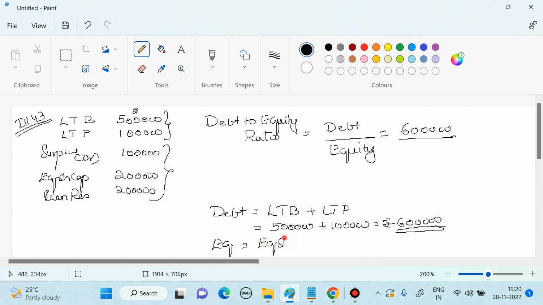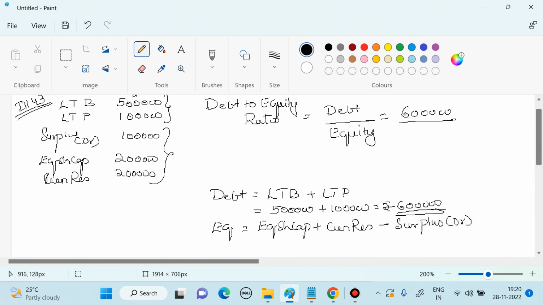There is equity share capital, there is general reserve, but this surplus would be subtracted. Why? Because it is a debit balance. So it would be 2 lakhs plus 2 lakhs minus 1 lakh. That would be rupees 4 minus 1, 3 lakhs. So that is the denominator.